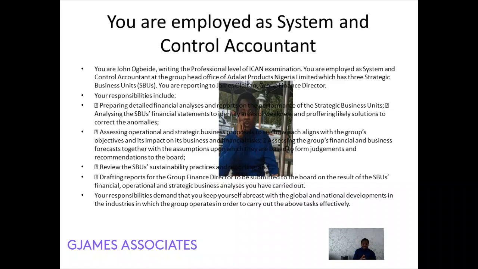You must demand that follow-up reports of the observation and your recommendation gets back to you from business units manager and report thereon to the group financial director.